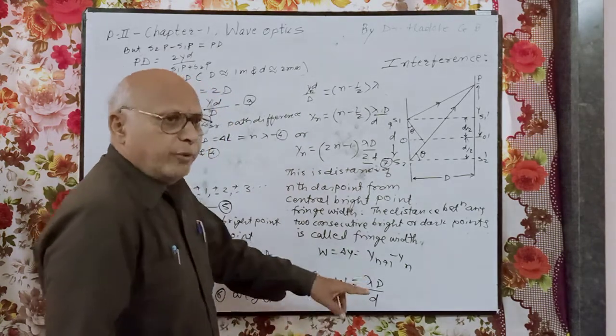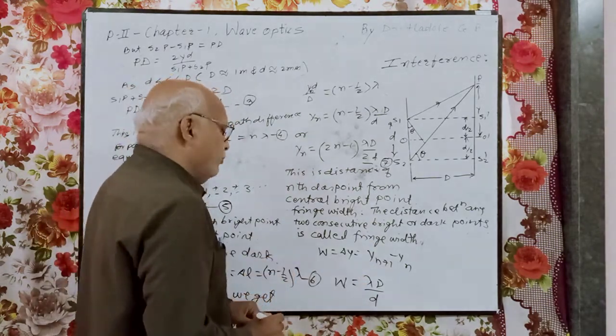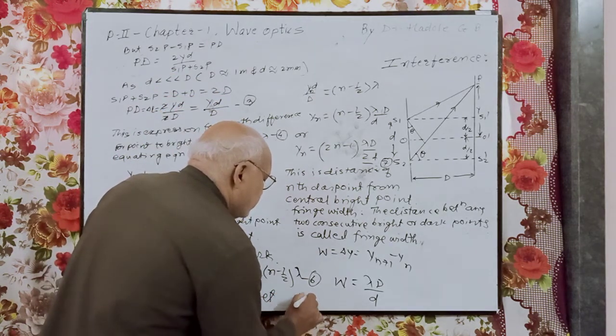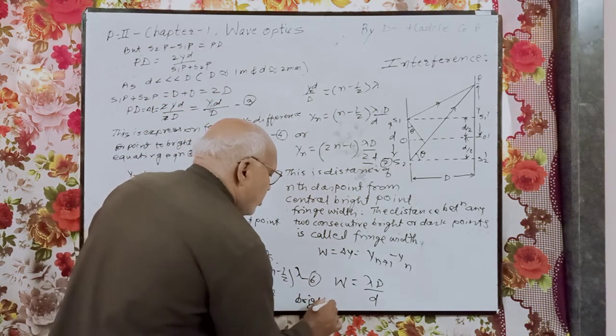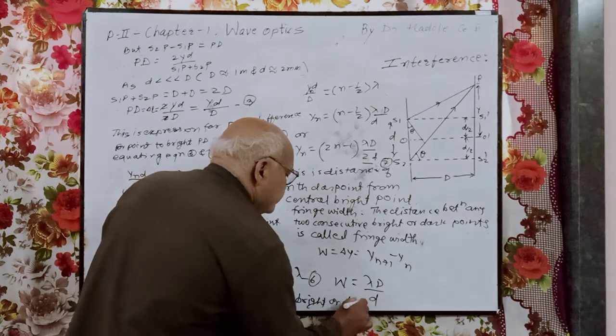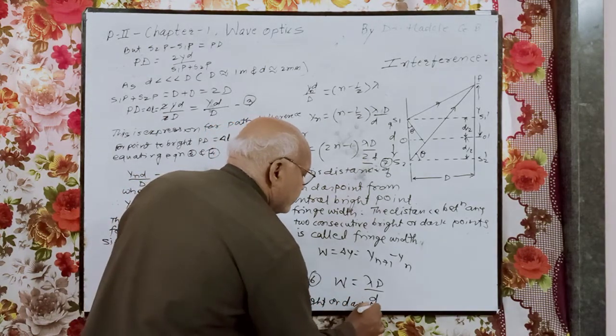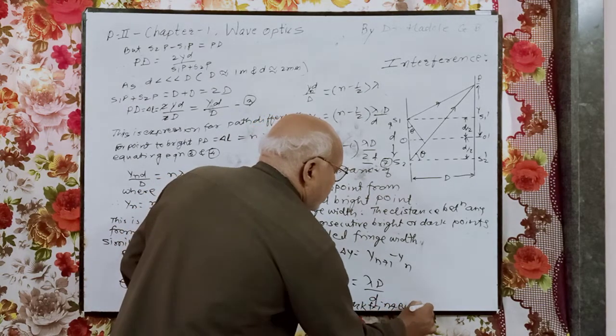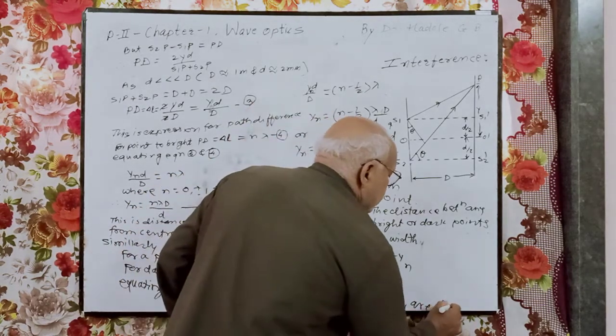This is the same for both, and therefore we can say that bright or dark fringes are equispaced.